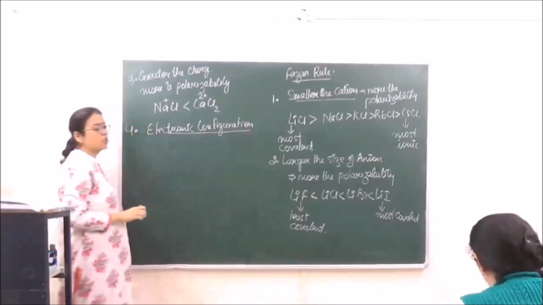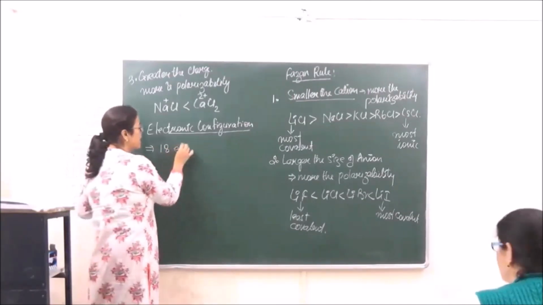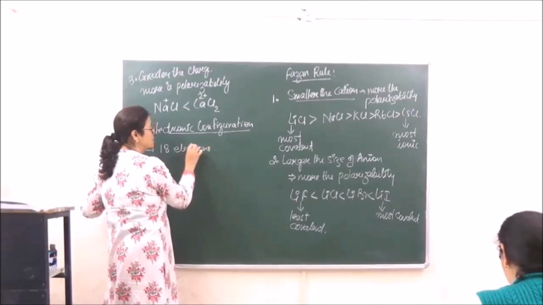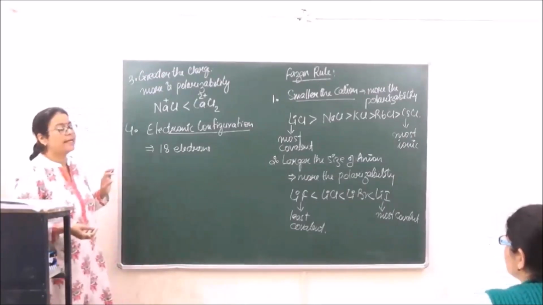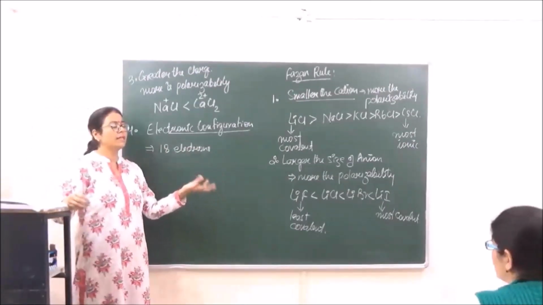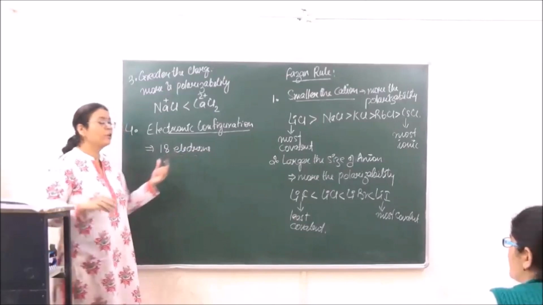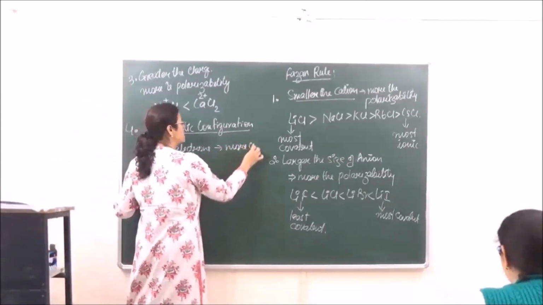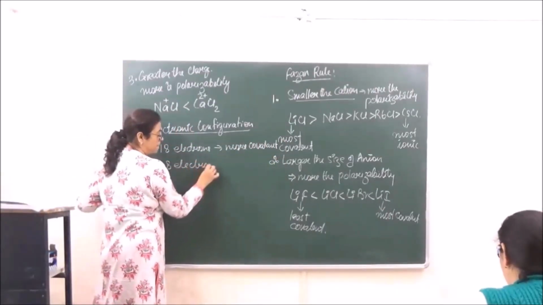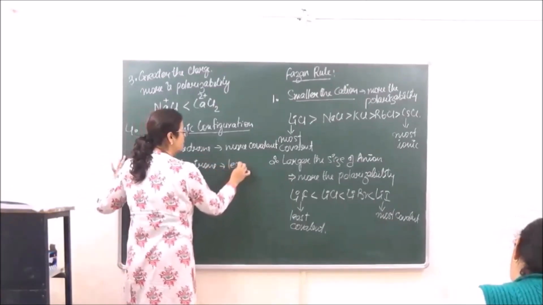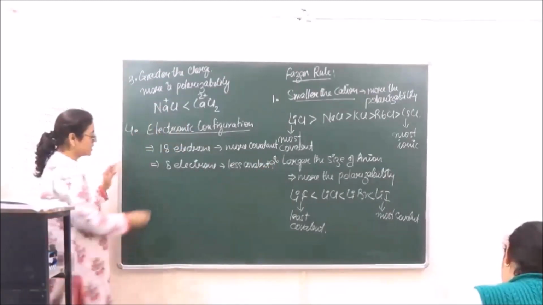So when we're talking of electronic configurations, it is said that all systems having 18 electrons, which are known as pseudo-noble gas configuration, meaning they are either losing or gaining electrons to make 18 electrons in the outermost shell, are going to be more covalent than the 8 electron systems, which are less covalent. Let's explain this by taking an example of sodium.